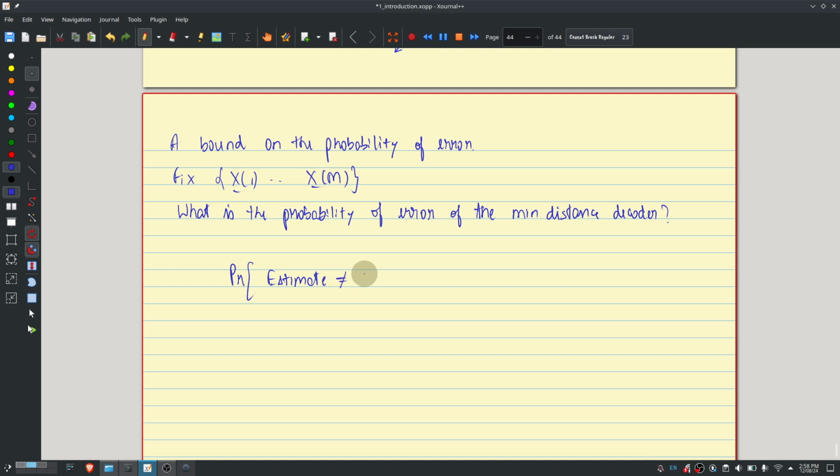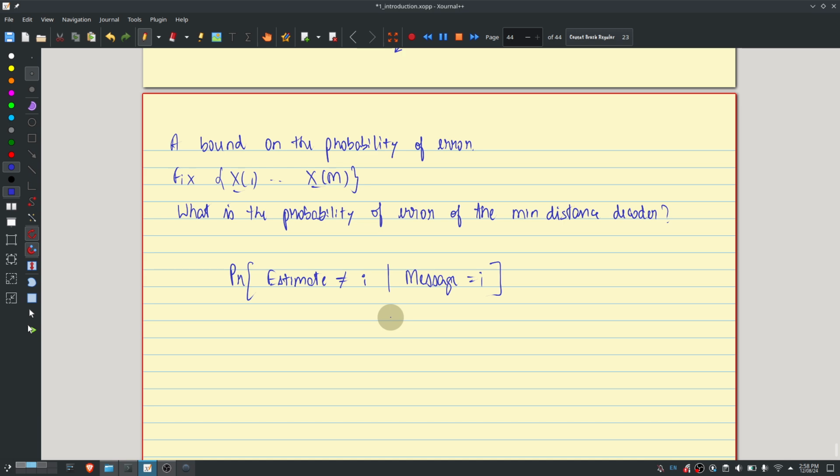So let's look at the probability that the estimate is not equal to I, given that the actual transmitted message is equal to I. Let's not worry about how to compute this exactly, but let's try to write this in terms of events.